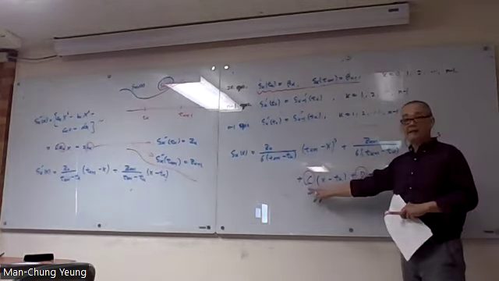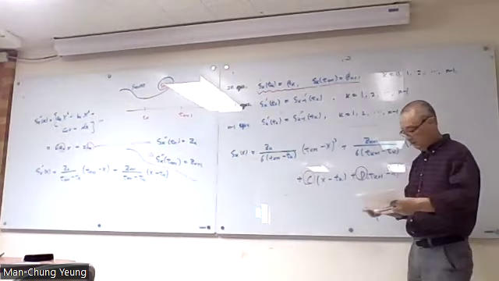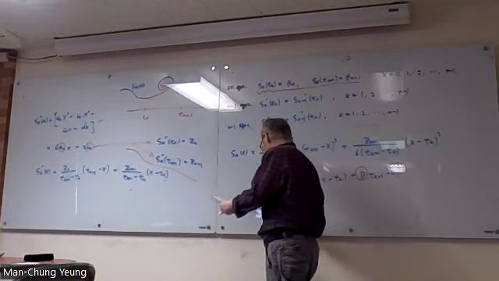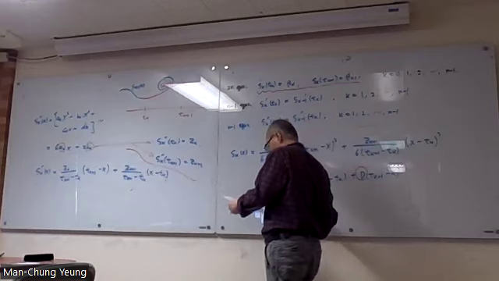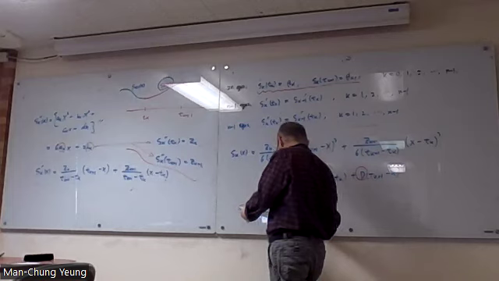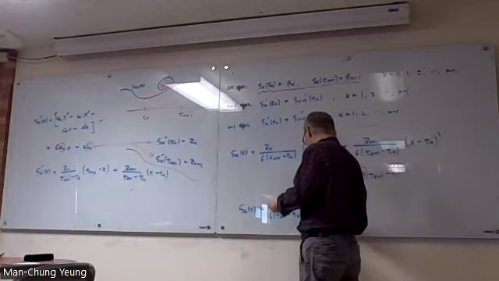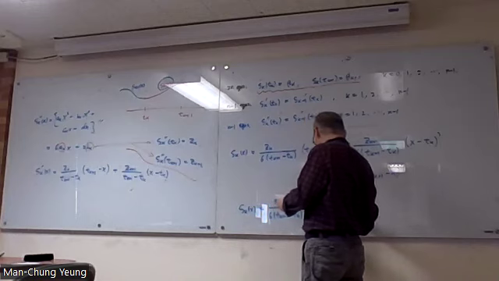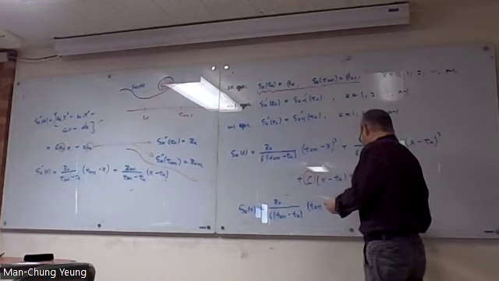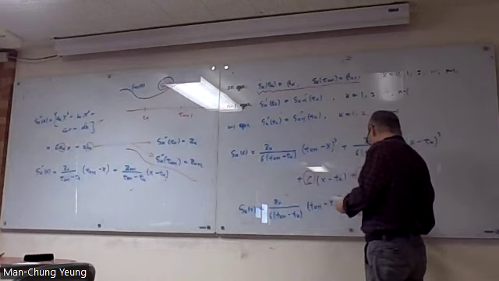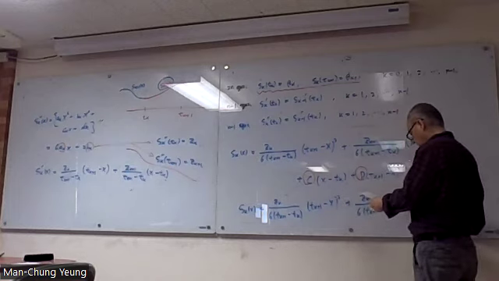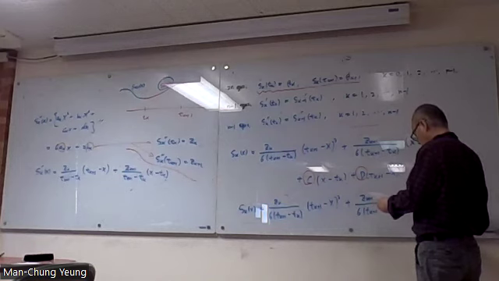Then we have C and D. Now the final result: Sk(x) is Ck over 6 hk times (tk plus 1 minus x) cubed, plus Ck plus 1 over 6 hk times (x minus tk) cubed.